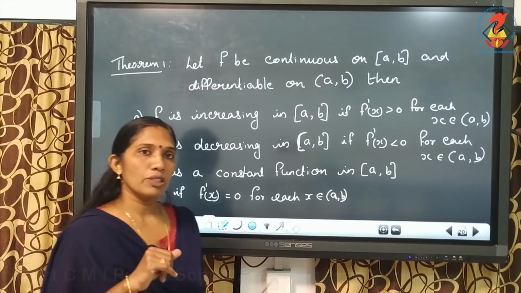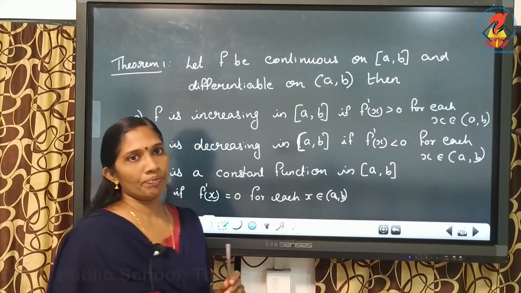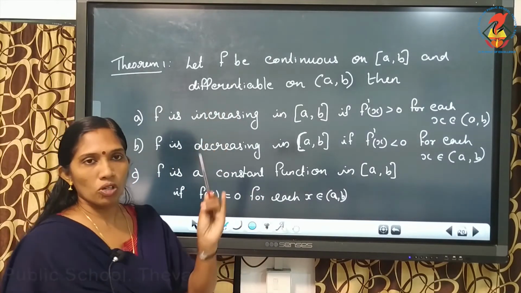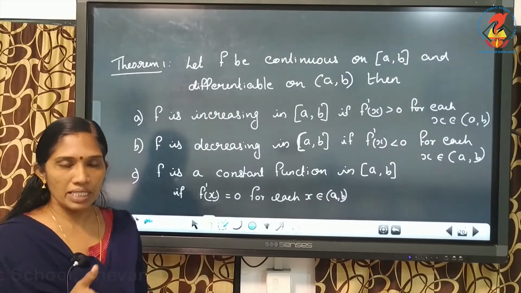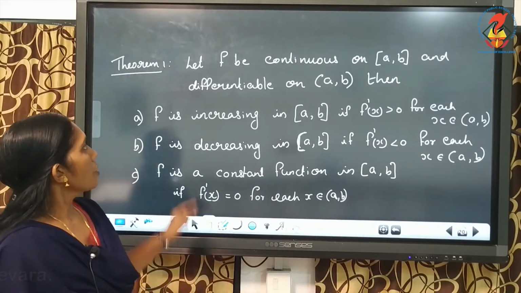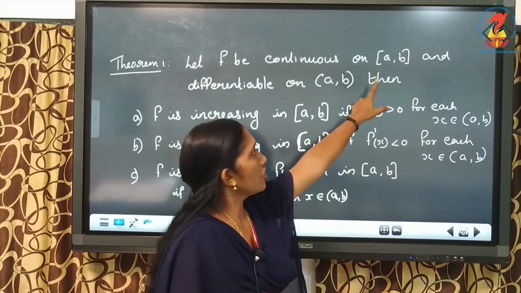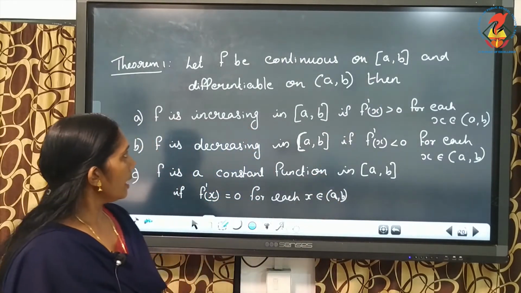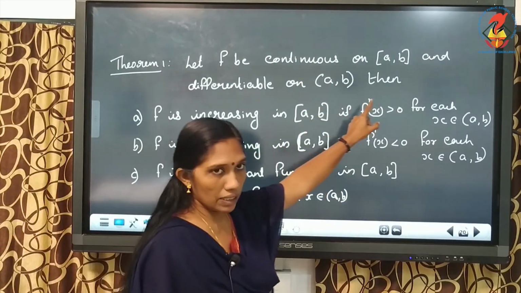In the last chapter you studied continuity and this type of theorem, Rolle's theorem and the mean value theorem. It is related to that; from that only we can derive this. So let f be a continuous function on closed interval ab and differentiable on open interval ab.